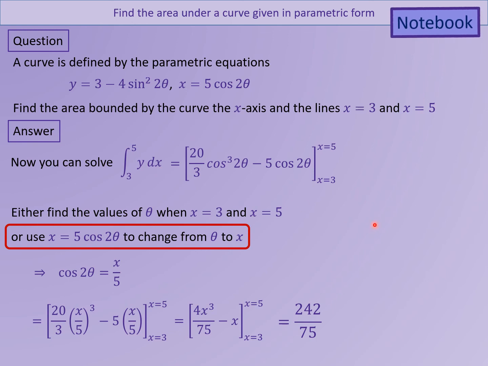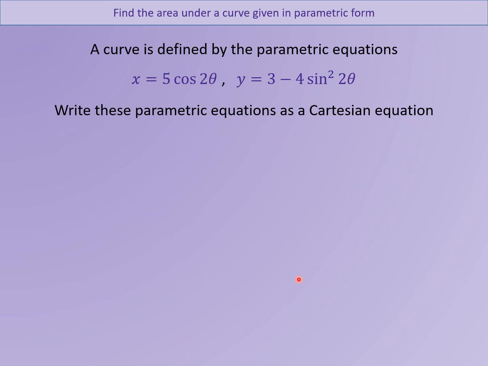Let's have a quick look at what happens if you tried using that technique. So you've got the equation. First thing I want you to do is try writing it as a Cartesian equation. So pause there and see if you can work out the Cartesian equation for x equals 5 cos 2 theta and y equals 3 minus 4 sine squared 2 theta.